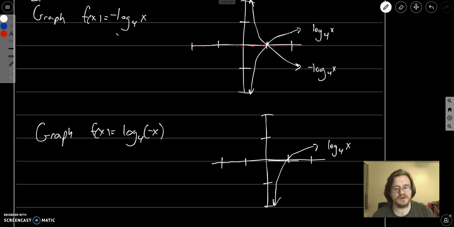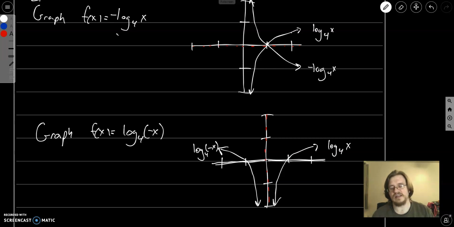Well, here's where x is positive. Here's where x is negative. So instead of having positive values of x, we have negative values of x. When we multiply x by a negative number, we're flipping across the y-axis. So our new function is going to look like this. So this is going to be log base 4 of negative x.